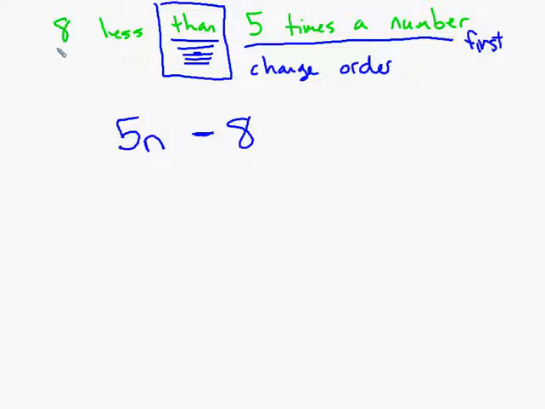So 8 less. Well, 8 less than what? 5 times the number. You see what I did there? Okay, so whenever we see the word than, we're going to change the order that we see these things in. So than is a trick. You see that? Change the order.